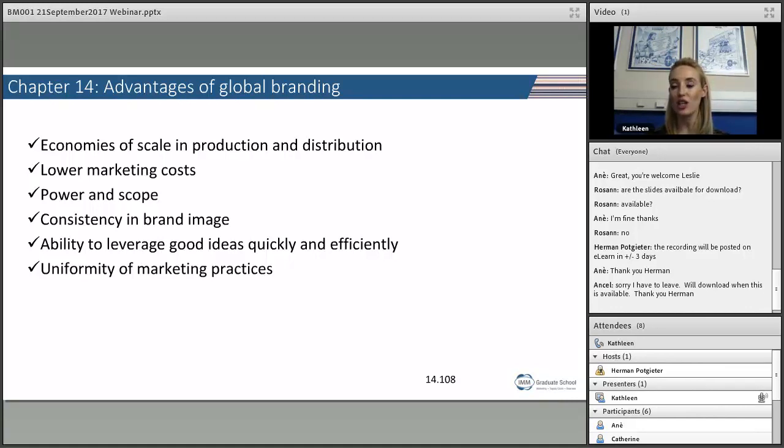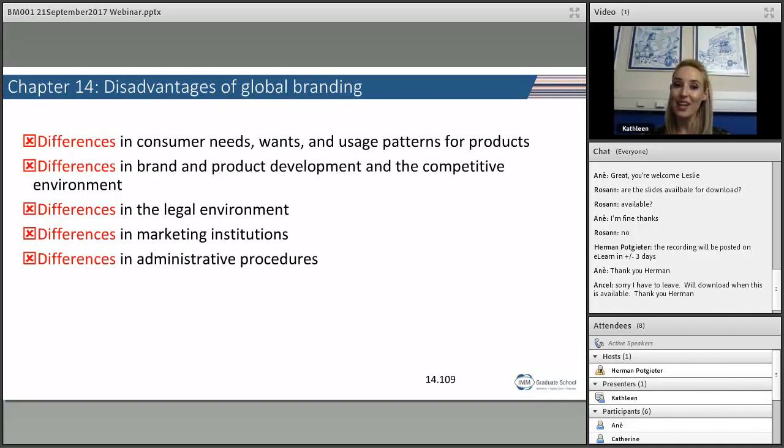Instead of changing the brand in every market you enter into, you present it consistently to everyone, and we know that consistency is important to brand equity. It also allows you to leverage good ideas. Instead of just using your good idea in one market for a limited number of customers, why not exploit or leverage that good idea internationally?